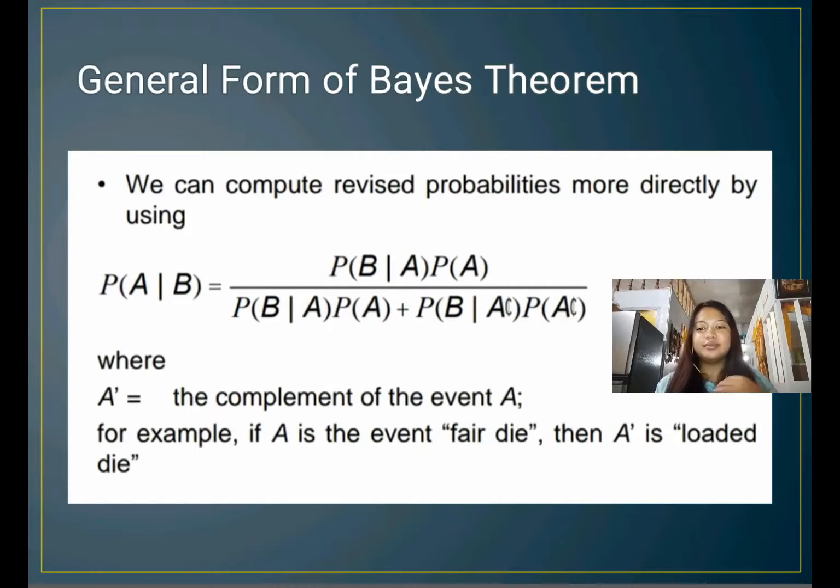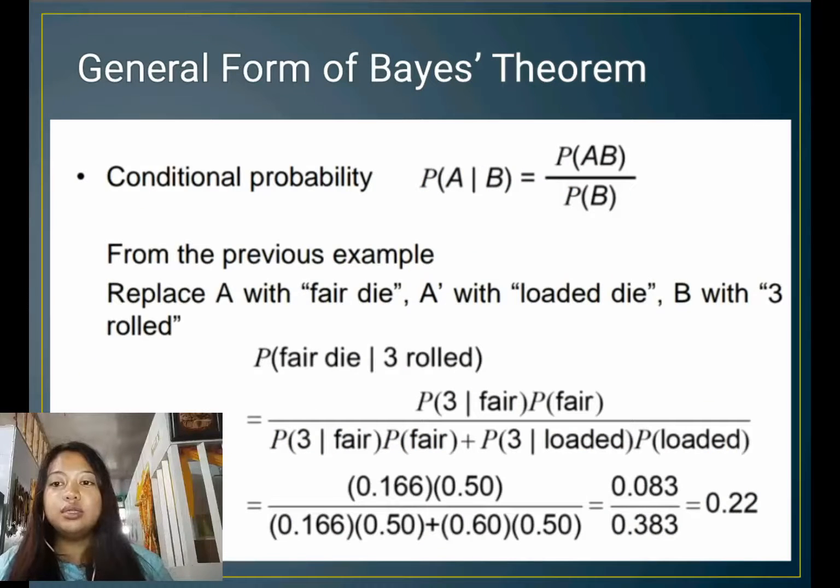Now let's continue to the general form of Bayes' theorem. The conditional probability: the probability of being A given that it is B is equal to the probability of A and B divided by the probability of being B. From the previous example, we are going to replace A with the fair die and B with the three rolled, and A-complement with the loaded die.